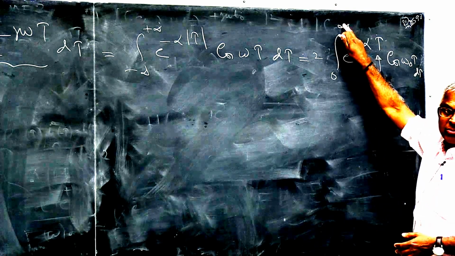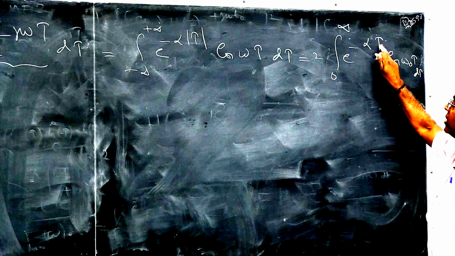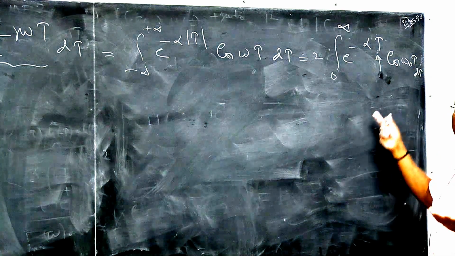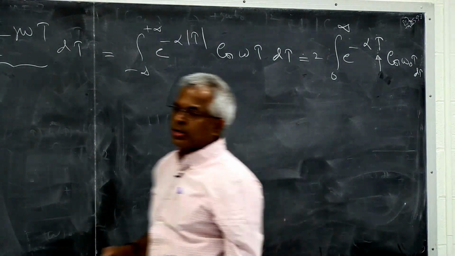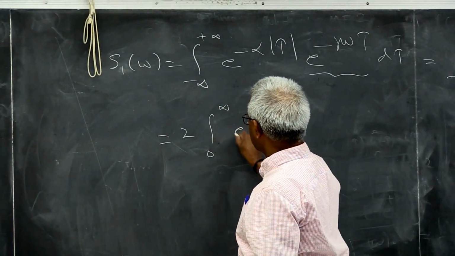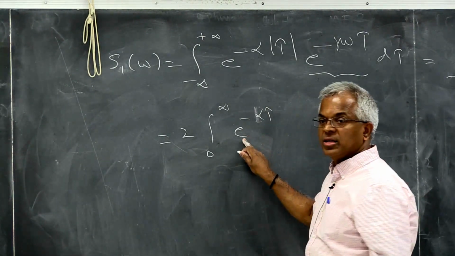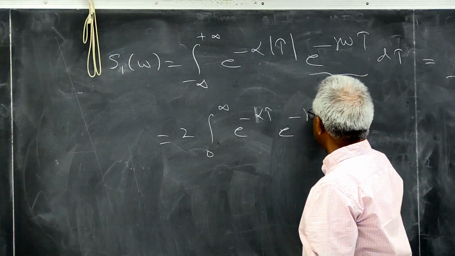Because it's on the positive side, so I can get rid of the absolute value here. Now, you can do this in many ways. You can do it by parts, but let me show you a quick way of doing this. This is a real number now, right? Real number. So can't I write it like this? Yes or no?